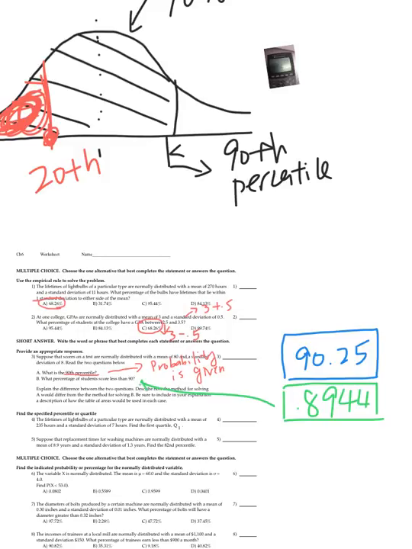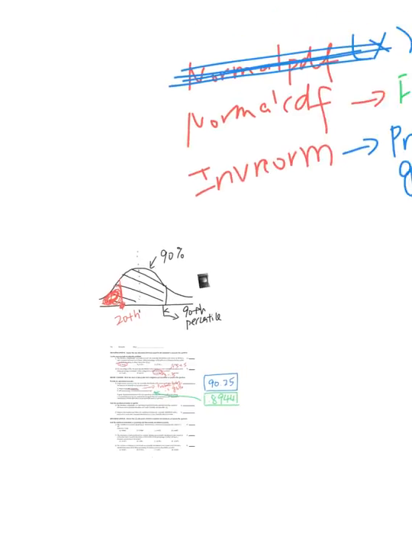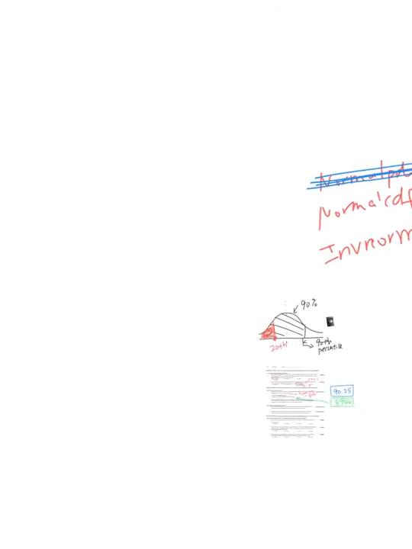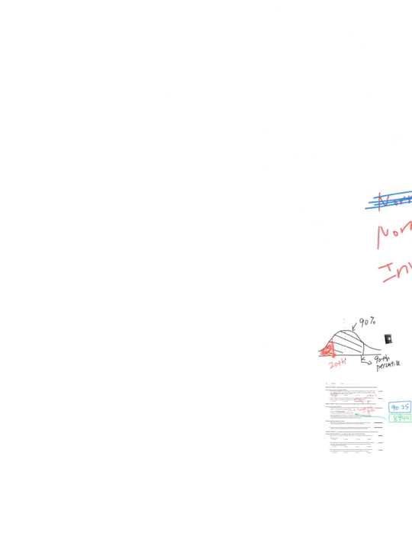Okay, 0.8944. Now I want to give you a quick summary of the functions from the calculator for this part. If we are looking for probability, we use normal CDF.